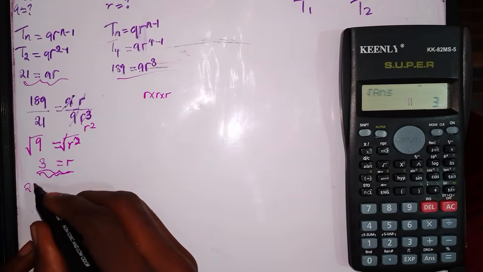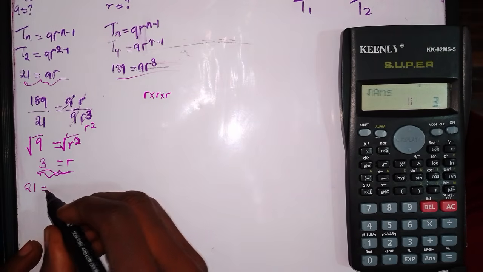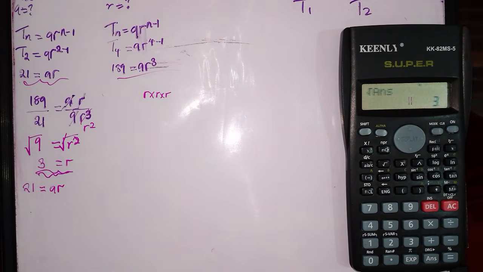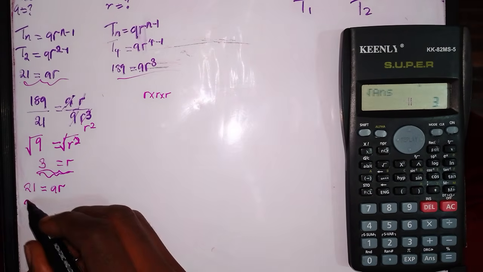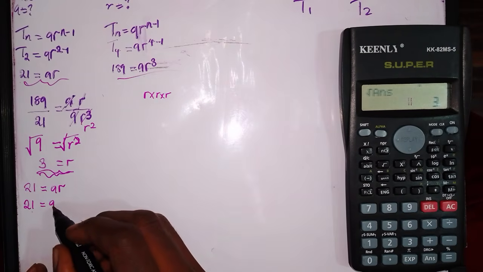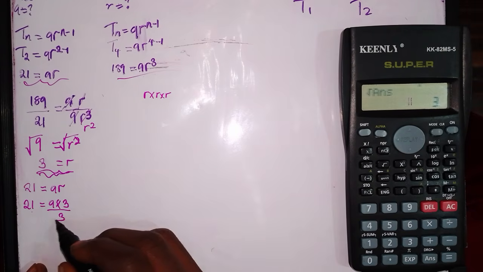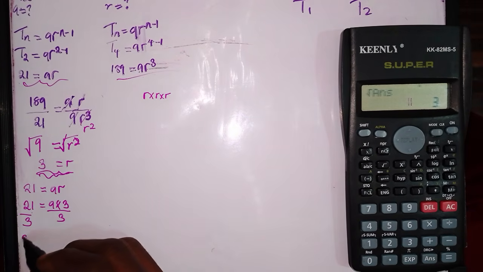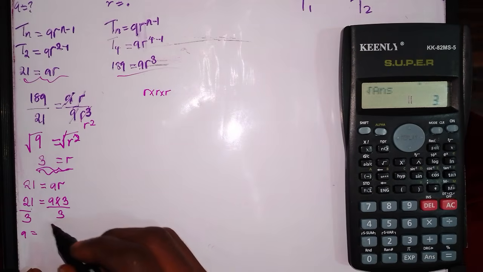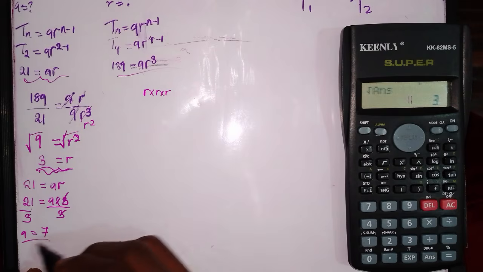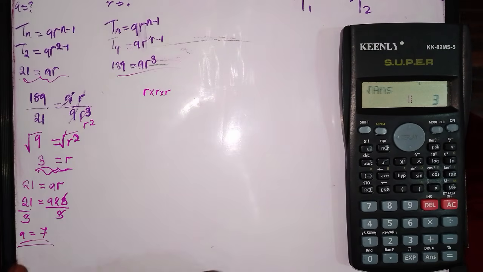We are going to say 21 is equal to A R. What is our value for R? 3. So 21 is equal to A multiplied by 3. Then we divide by 3 on both sides, giving our A to be 3 into 21, we have 7. So our first term therefore is 7, and our common ratio is 3.